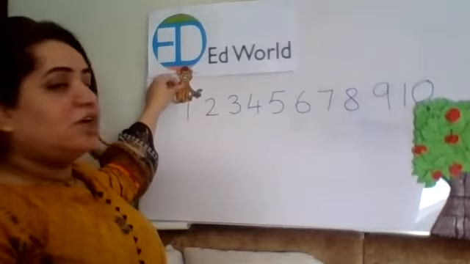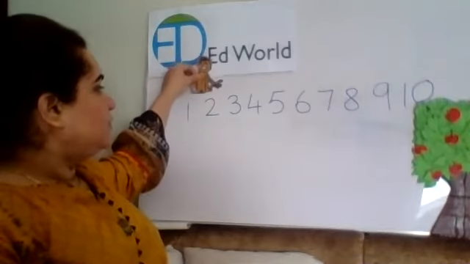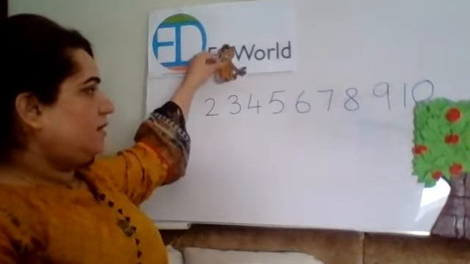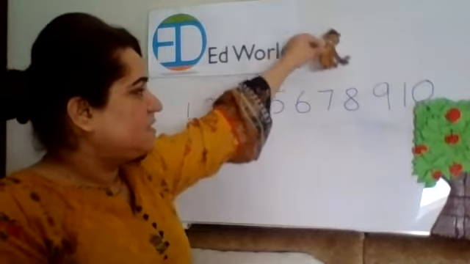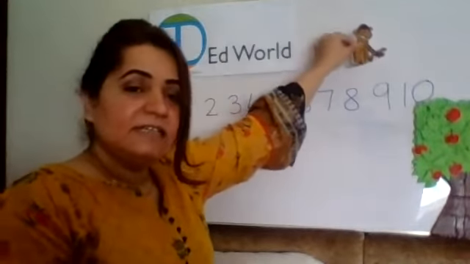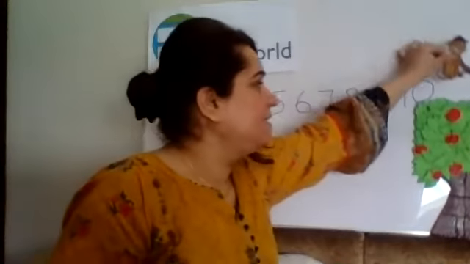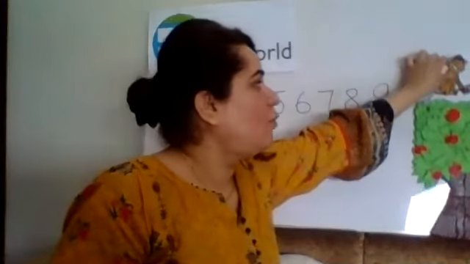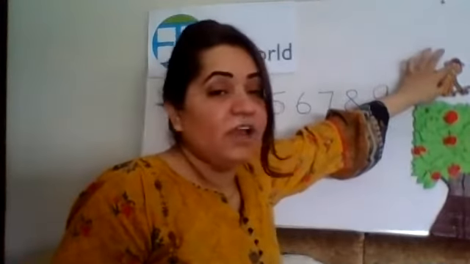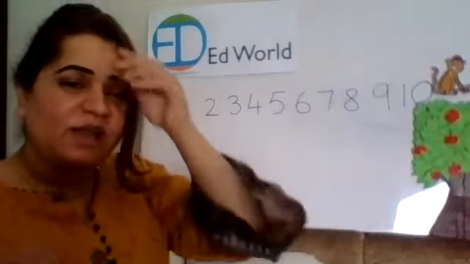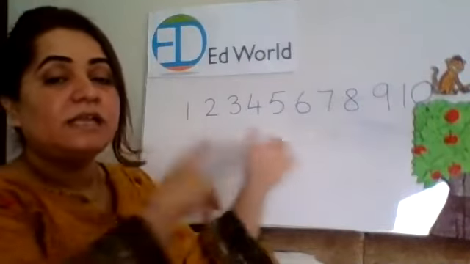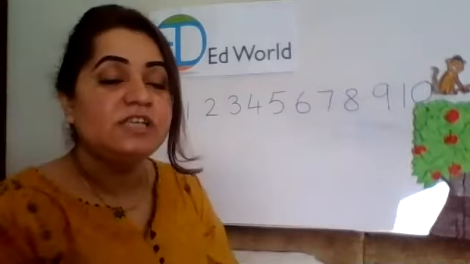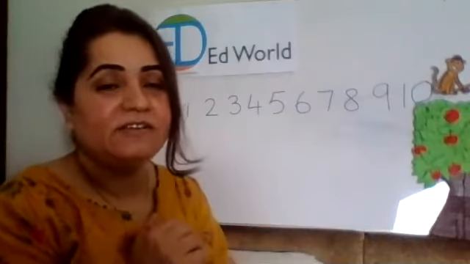So let's see. Okay, Mr. Monkey, jump. Number 1, 2, 3, 4, 5, 6, 7, 8, 9, and 10. Wow. So he reached over here. So we have helped the monkey to start from 1 and go till 10 to reach the apple tree, right?